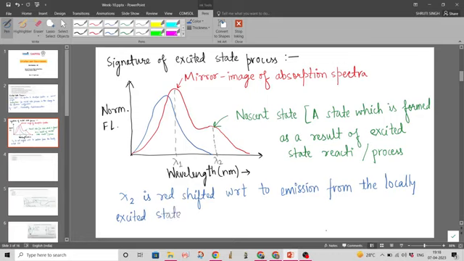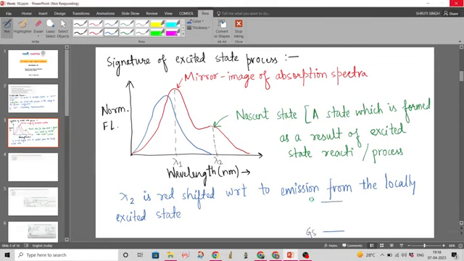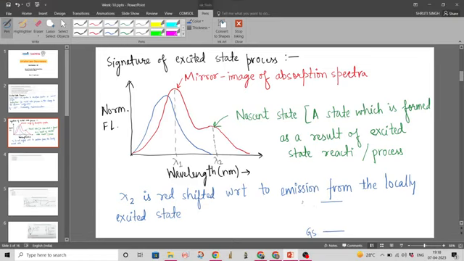Okay, so if this is the ground state, this is the locally excited state, and here is some nascent state.